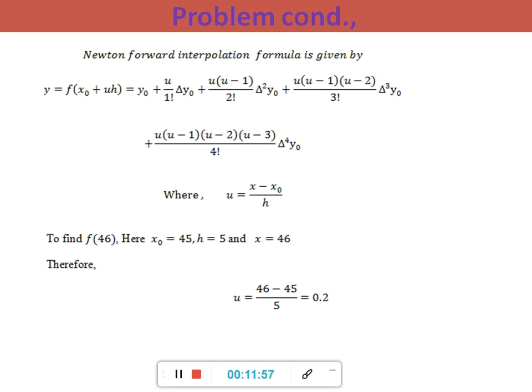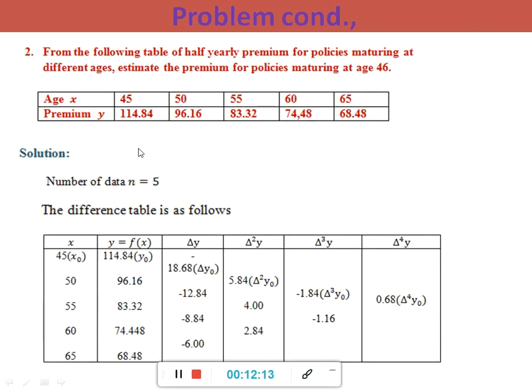So we are going to find f of 46. That means we are going to interpolate at x equal to 46. That is x equal to 46 here. Similarly, x naught equal to the first data, 45. h is the common interval. So see the difference here, 5, 5, 5, 5.